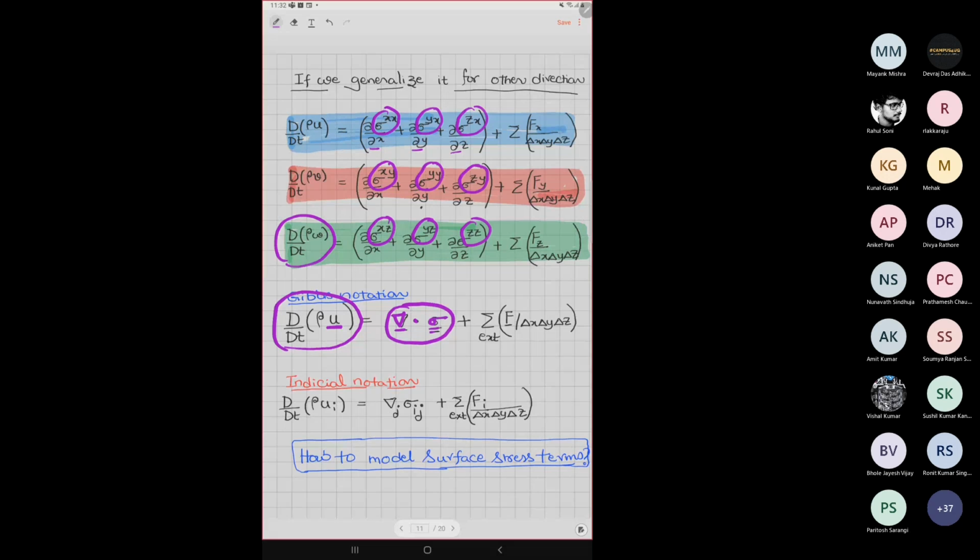Stress, second rank stress tensor, you are condensing it, with the gradient operator, so it becomes force terms. And here those force terms, what you are seeing, this is the x directional force, y directional force, z directional force, plus whatever the body forces per unit volume.